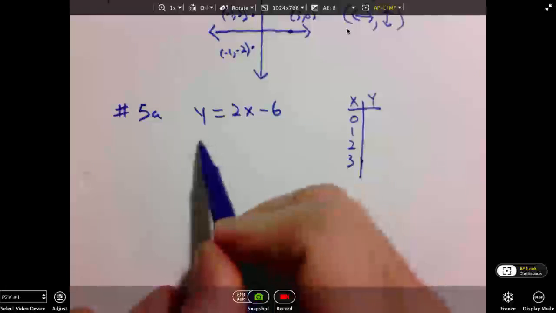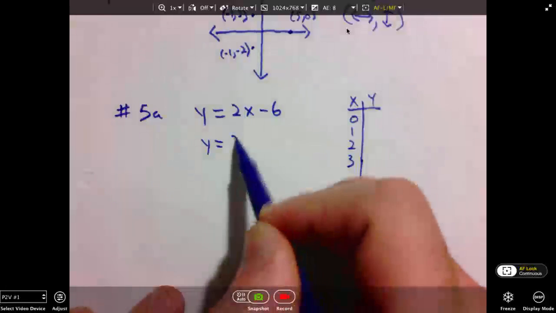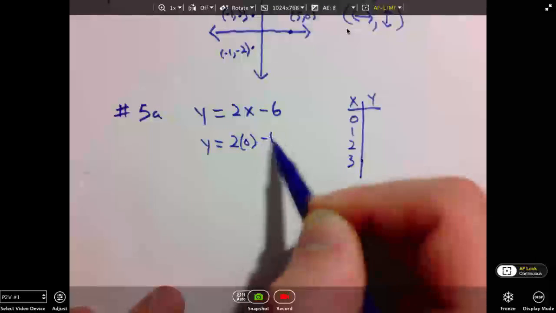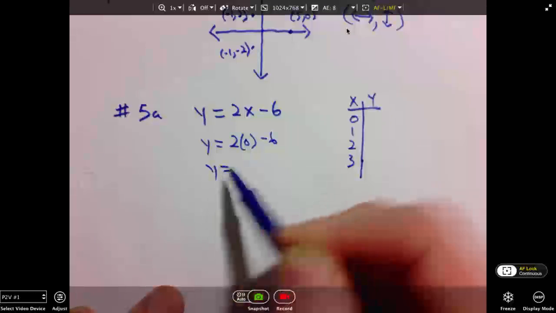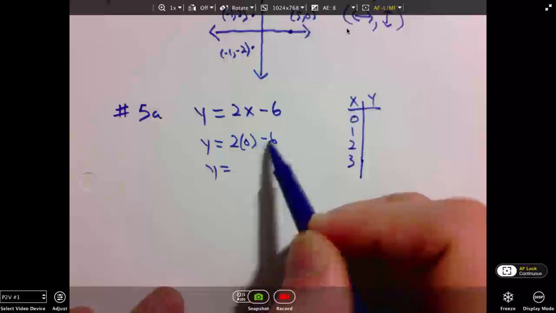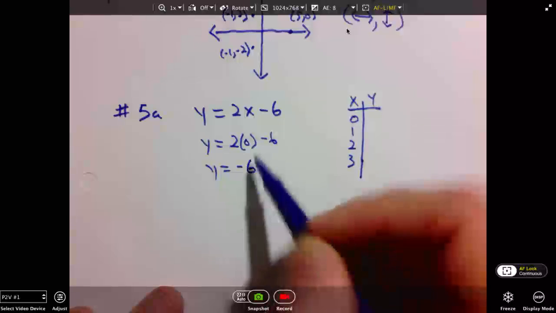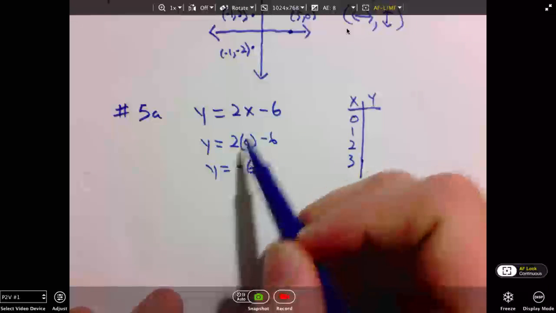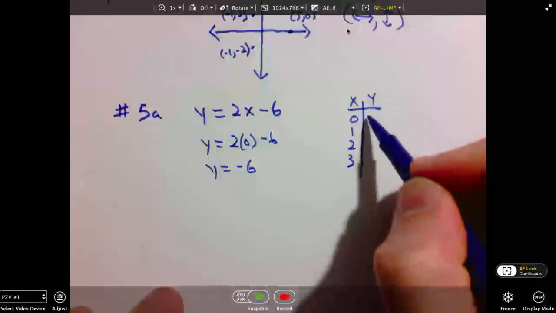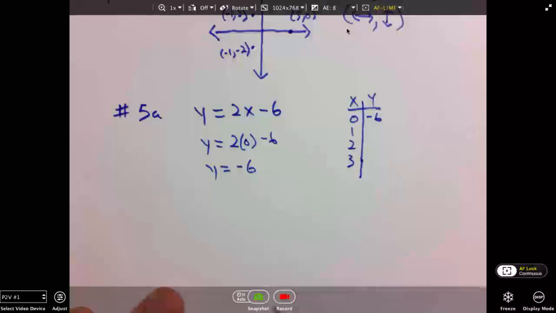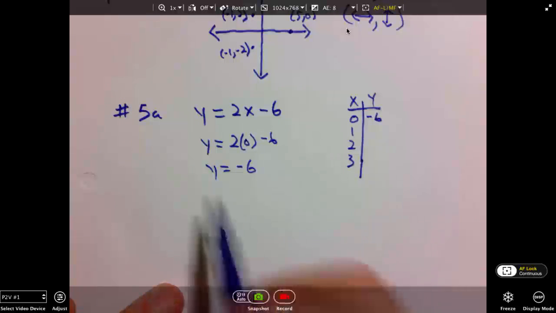Substituting 0 for x. y equals 2 times 0 minus 6. 2 times 0 is 0, minus 6 is -6. Thus, when x is 0, y is -6. 0 pairs with -6.